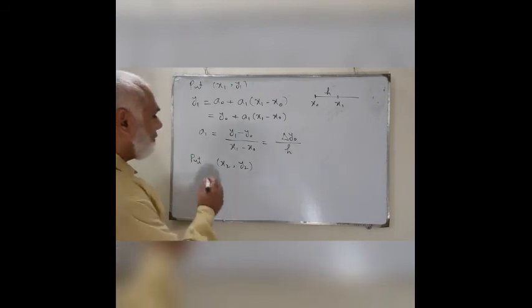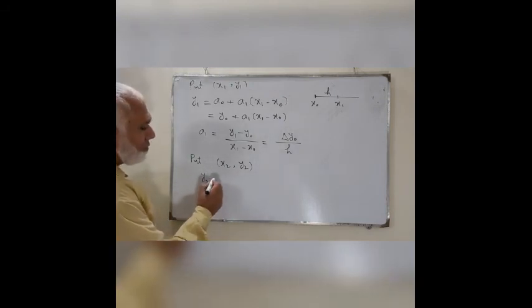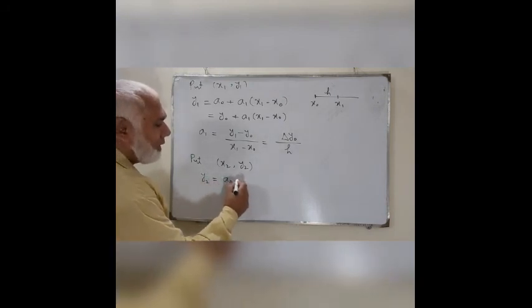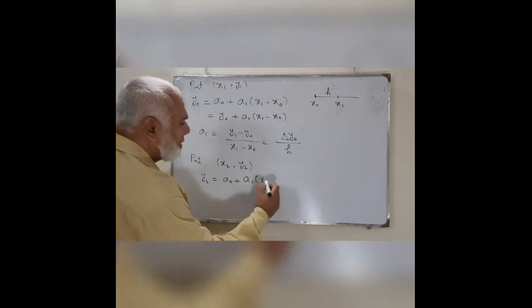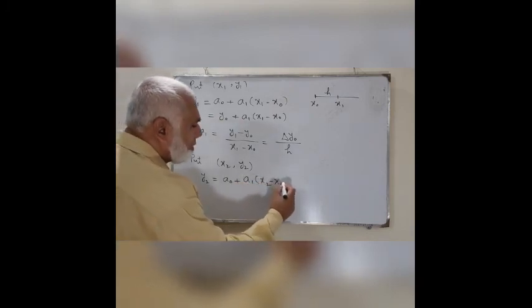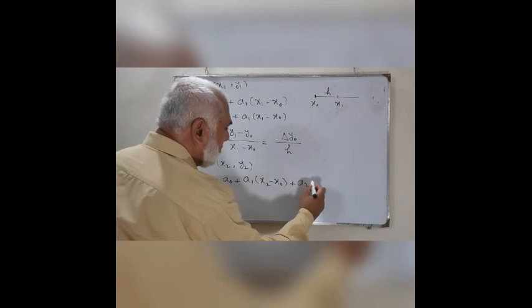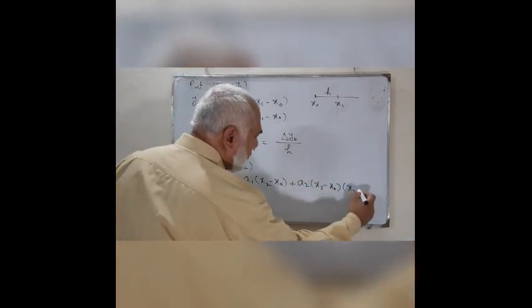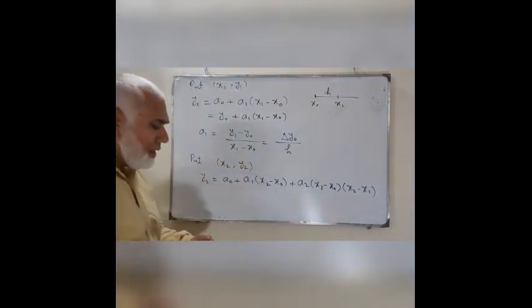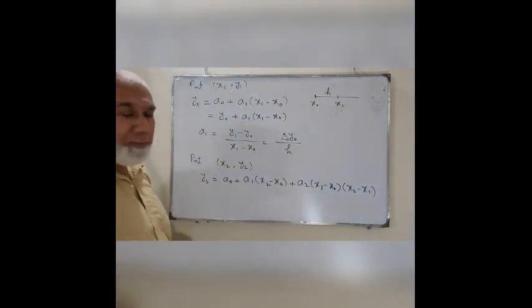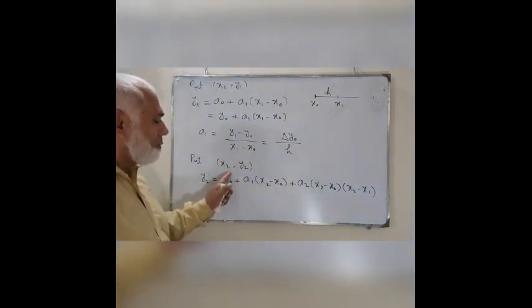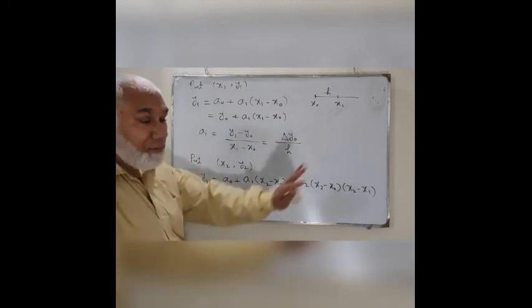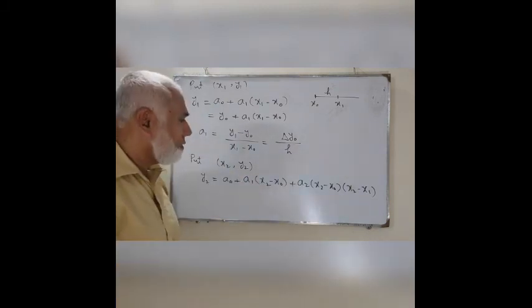So the result takes the form, on the left side y2, equal to a0 plus a1 into x2 minus x0 plus a2 into x2 minus x0 and x2 minus x1. So these are the three terms you will be getting whenever you substitute this point into the polynomial, which we have written just a few minutes ago.